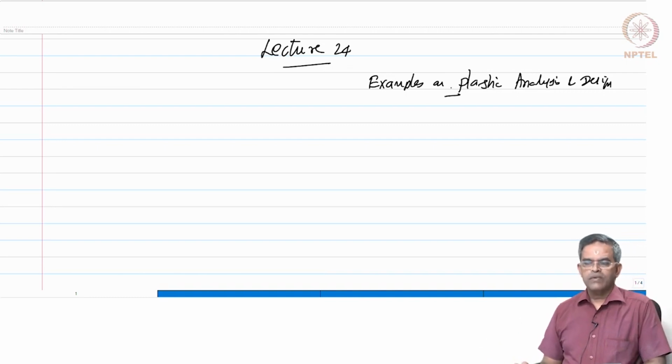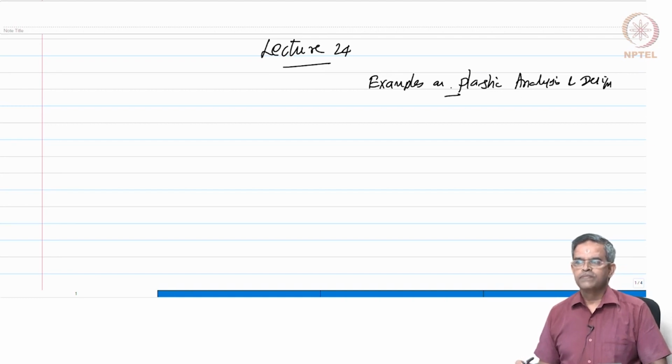In the last lecture we learned two theorems, static and kinematic theorems, which are lower and upper bound theorems respectively, useful in computing the collapse load.